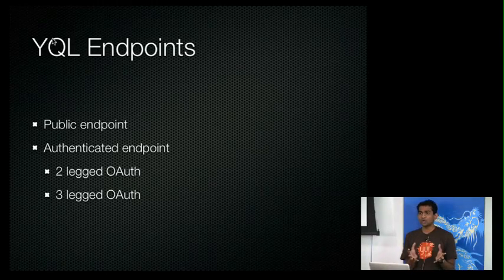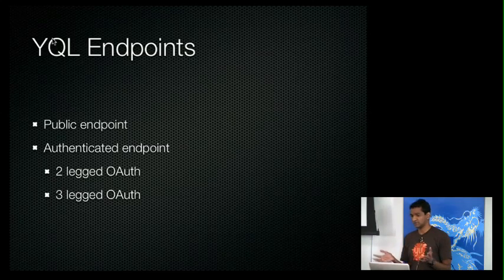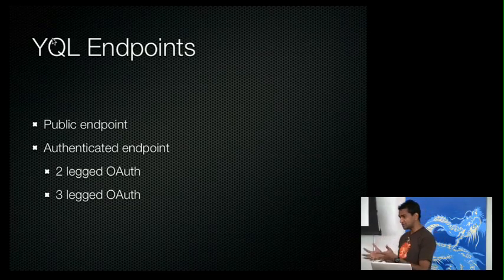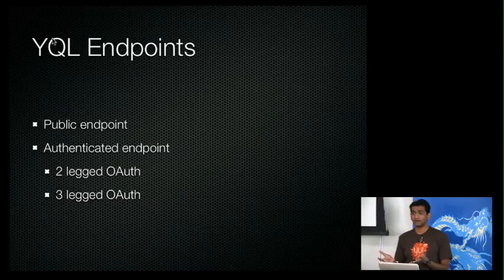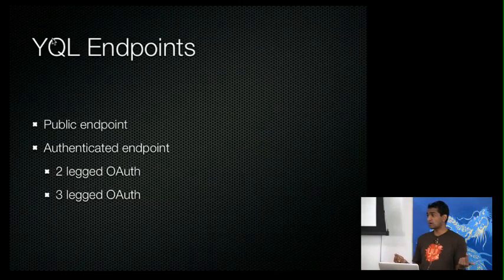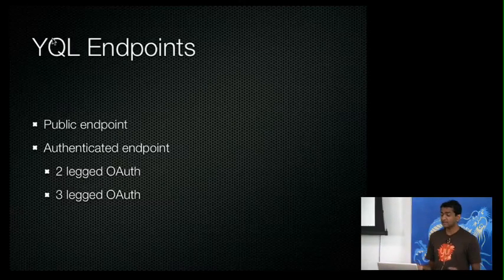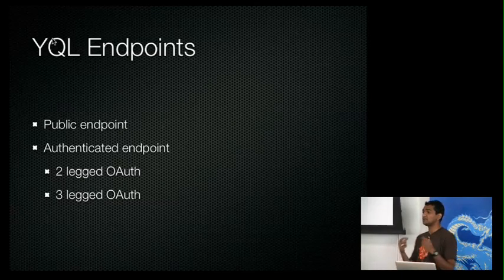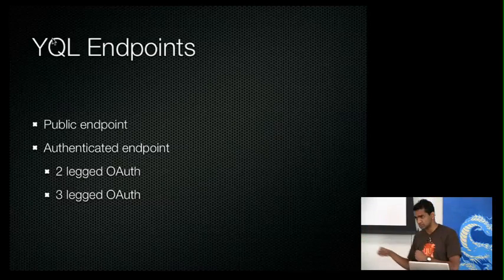Now in three-legged OAuth, there are three parties involved, obviously. There are three legs, right? So there are three parties involved. One is the application. Obviously, your application needs to get the data. Second is the data service provider, which is YQL in this case. And the third is the user. So you are making the request to get the data on behalf of the user.